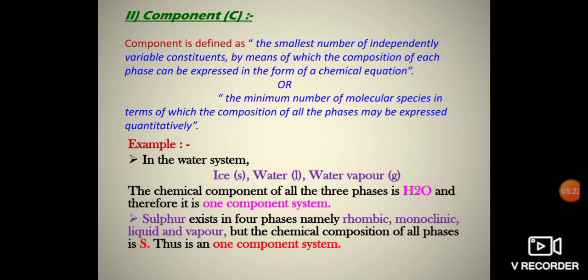Another example, sulfur exists in four phases, namely rhombic, monoclinic, liquid and vapor phases. But all these phases contain only one chemical component, that is sulfur. Thus this kind of system we call a one component system.